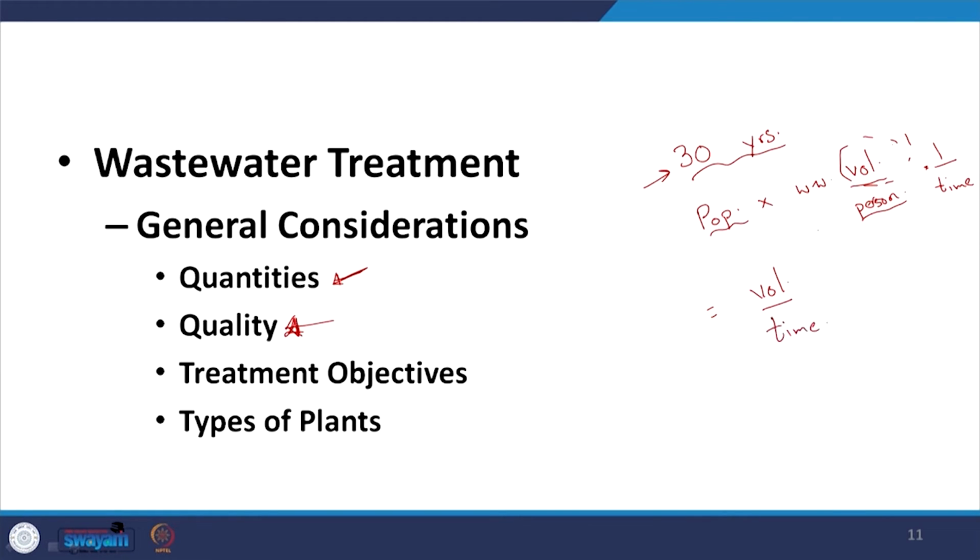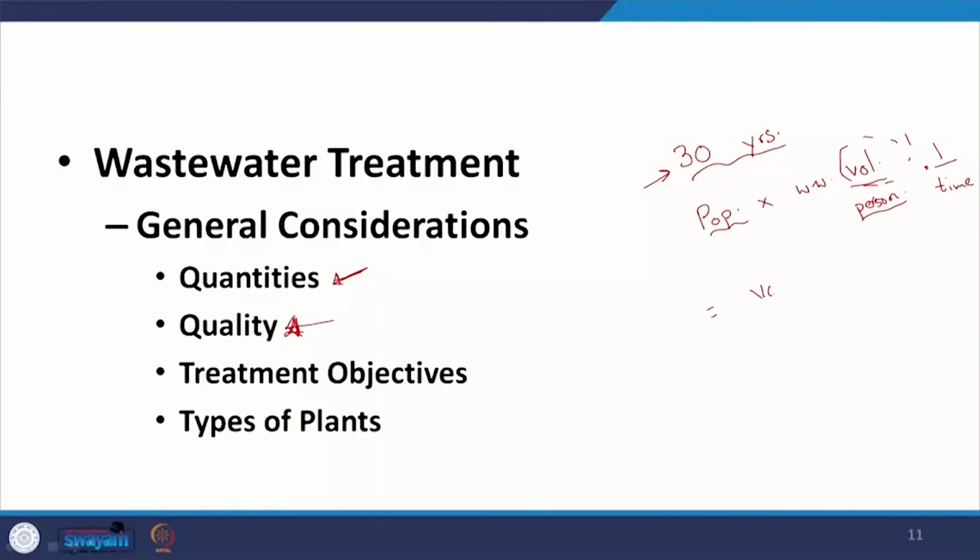But the issue is, this wastewater that I let out from my home is not going to be the same throughout the day or throughout the year. It depends on the relevant season. People with a garden, obviously you will have much more water usage, people without it relatively less. People with water closets have large volume of flushing, people with Indian style restrooms relatively lesser volume of usage.